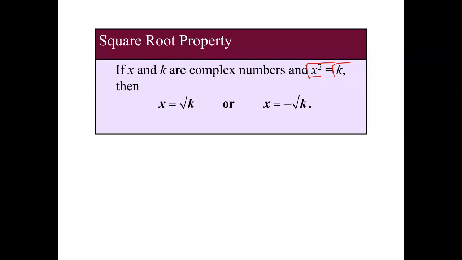When I square root both sides, that cancels out the x, and that leaves me with a positive square root and a negative square root. Note the difference between when we had radical expressions, with the principal square root and negative square root.